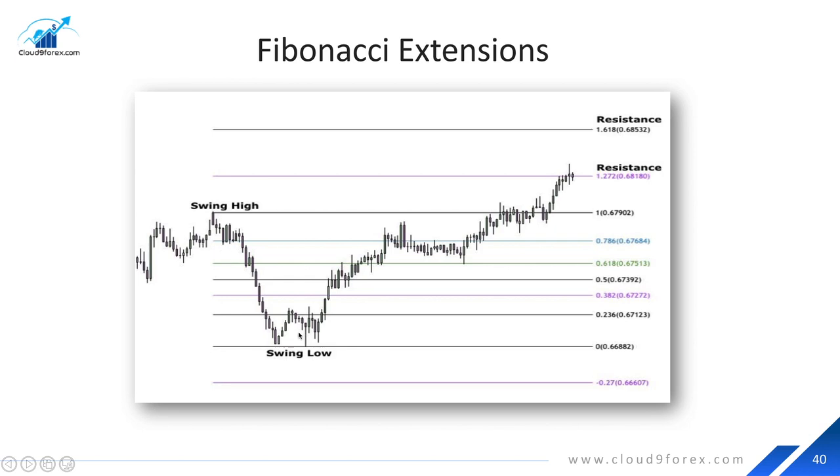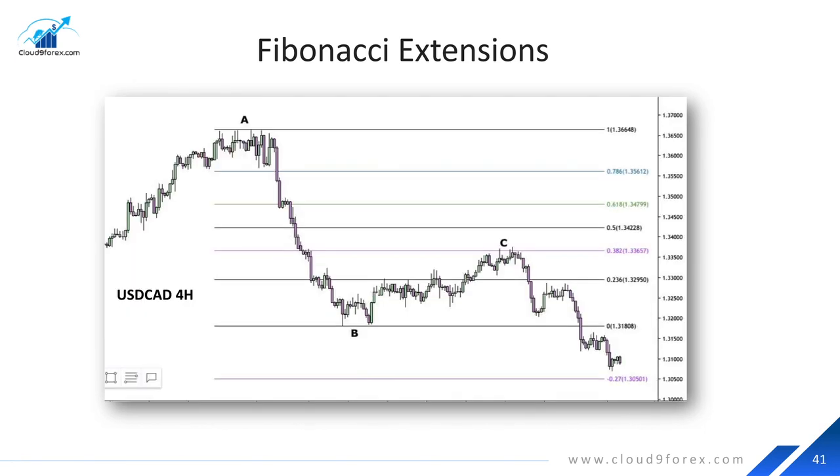We can see that price went to 0, then came up, tested the 61.8, and then continued up and actually passed the 0% and came to the 1.27%. So this would be our first take profit. So fibs are really good for entries and exits. Amazing. And I will teach you all of that.